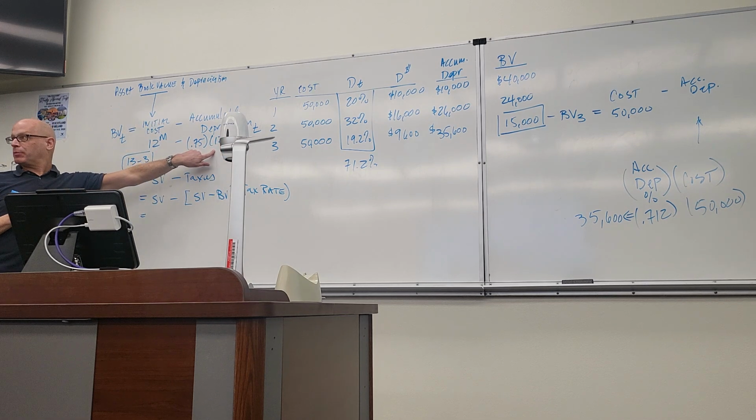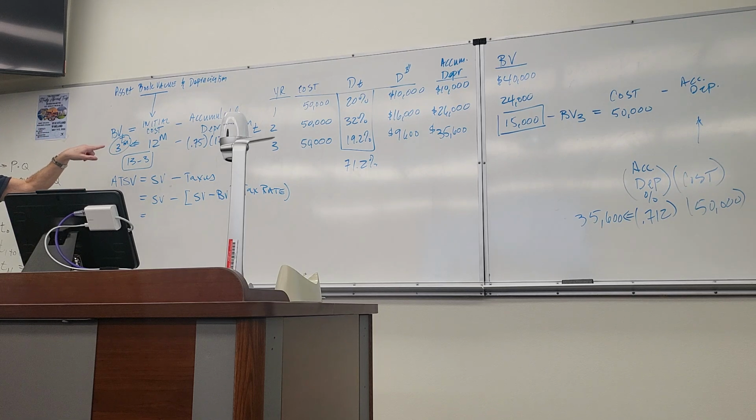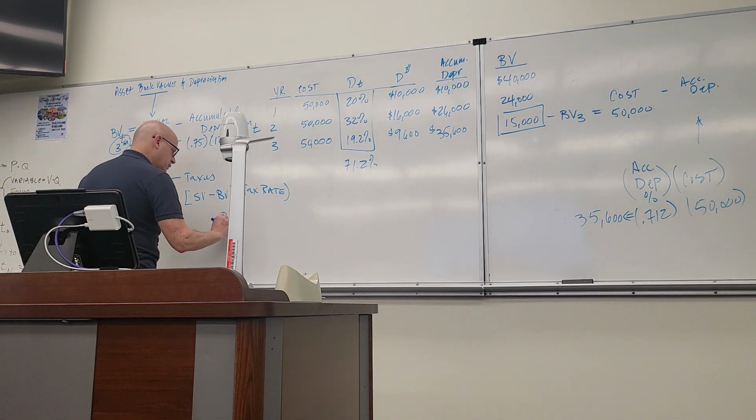That's 9 million depreciated out of 12. That's going to leave us a book value of $3 million. What we initially paid, 12, minus the depreciation, which is 75% of that. So 3 million there.